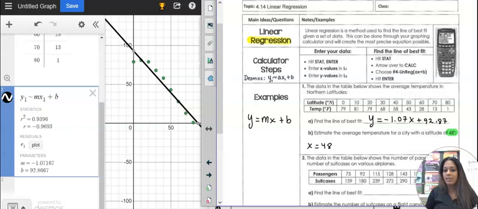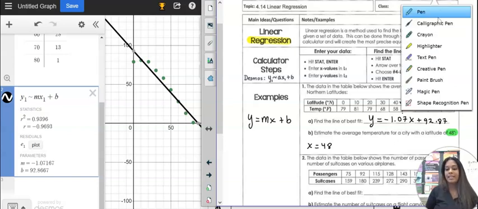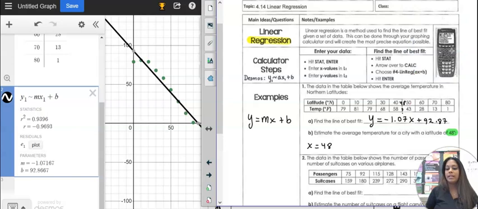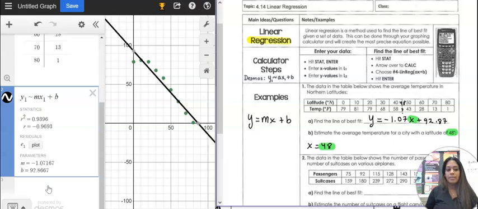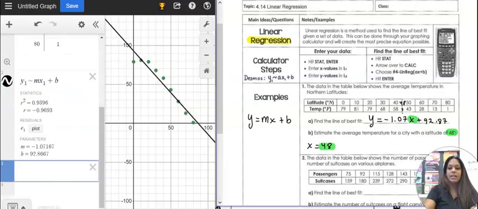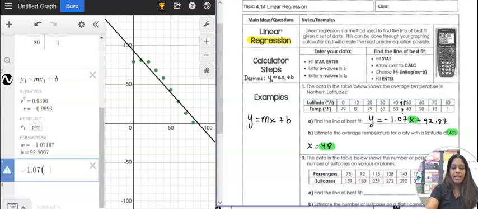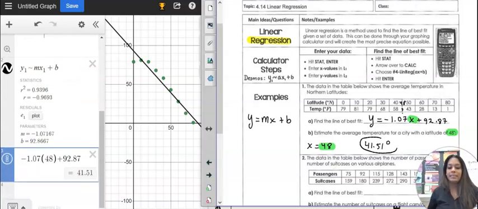You notice that there's no value for 48 here, but we know that 48 is somewhere here. So we need to find the y value for it. Well, that's going to be easy because all we have to do here is take my x value and plug it in for my x in my equation, my prediction equation. So I'm just going to do that in decimals. So you have here negative 1.07 times my x value of 48. That is my answer.